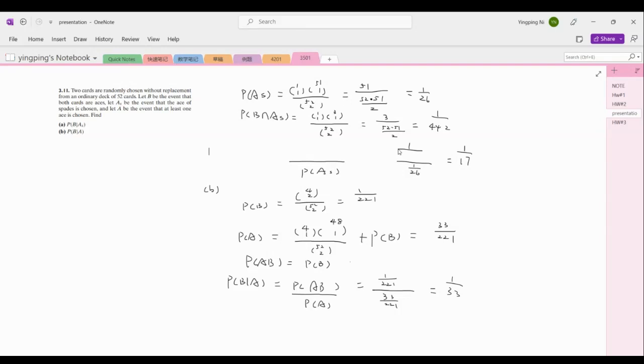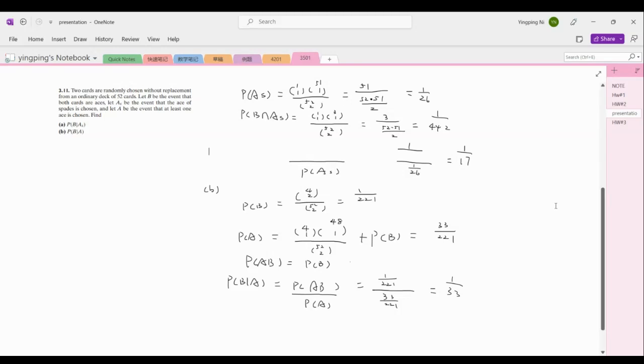P(B) is choosing two cards from four aces over the total, which is 1 over 221. Adding these two cases, we get P(A) equal to 33 over 221, and P(AB) is just equal to P(B). The probability that B occurs given A is P(AB) over P(A), which is equal to 1 over 33. And that's it.